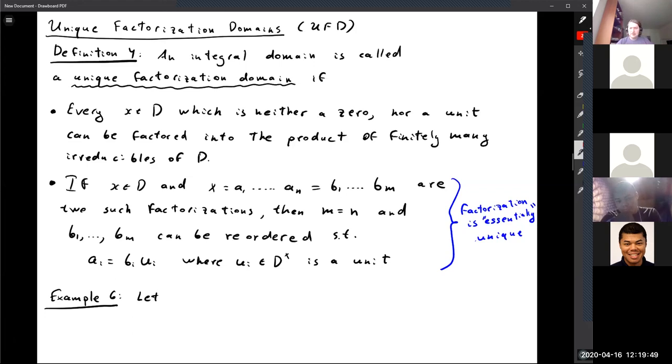So, this brings us to the following example. Let F be a field.